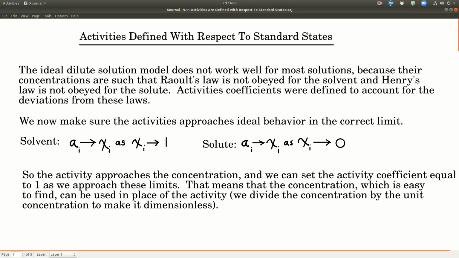Now we're going to make sure that the activities behave properly. That is, they give us ideal behavior in the correct limit. So that means we want, for the solvent, the activity to approach the concentration, or mole fraction at this point, as the mole fraction goes to 1. And for the solute, we want the activity to go to the mole fraction as the mole fraction goes to 0.